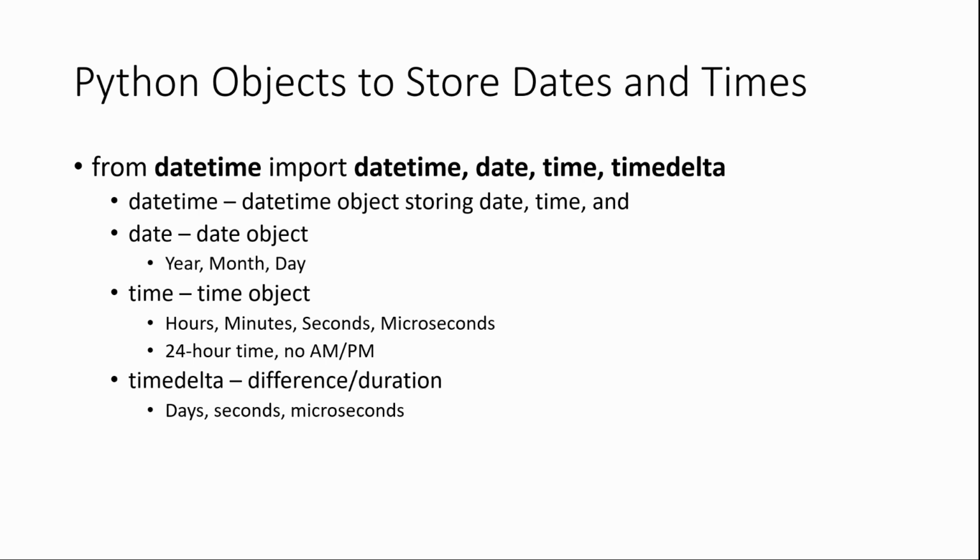Importantly, each of these is an integer, so it's stored efficiently. However, we'll see that we can print out dates and times in location-specific formats when we need to. Lastly, there's the timedelta object, and that's used to capture a difference between datetimes, or the duration of an event precisely. Let's create some of these in a Jupyter Notebook and explore their attributes.